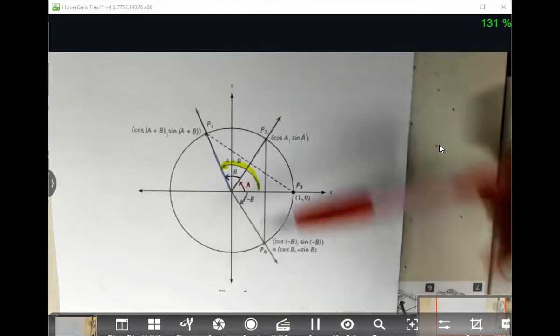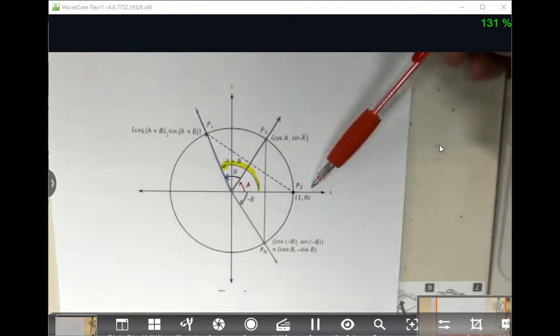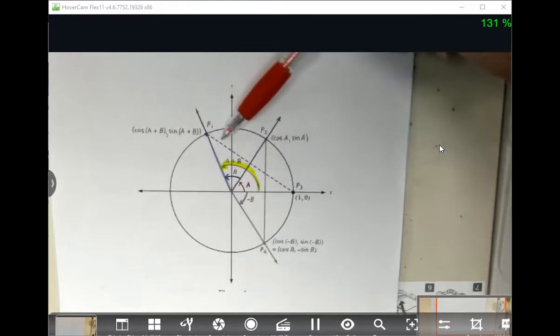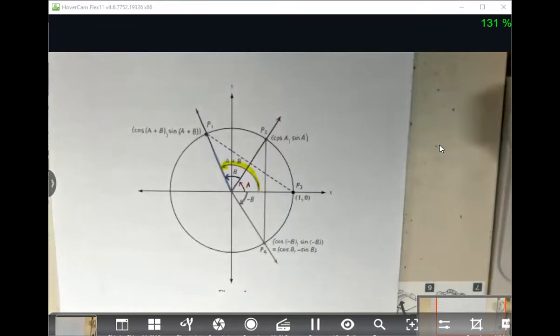Now the dotted line connects point 1 to the intercept on the x-axis, (1, 0). That length of the line can be found using the distance formula. Anybody in here remember how to find the distance between 2 points?